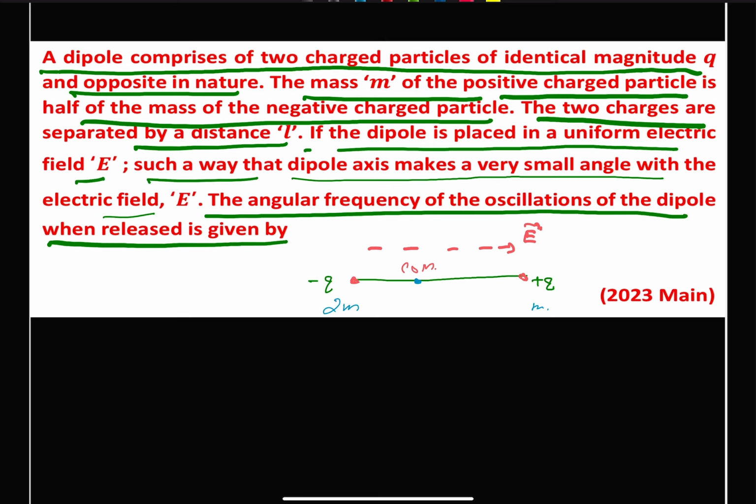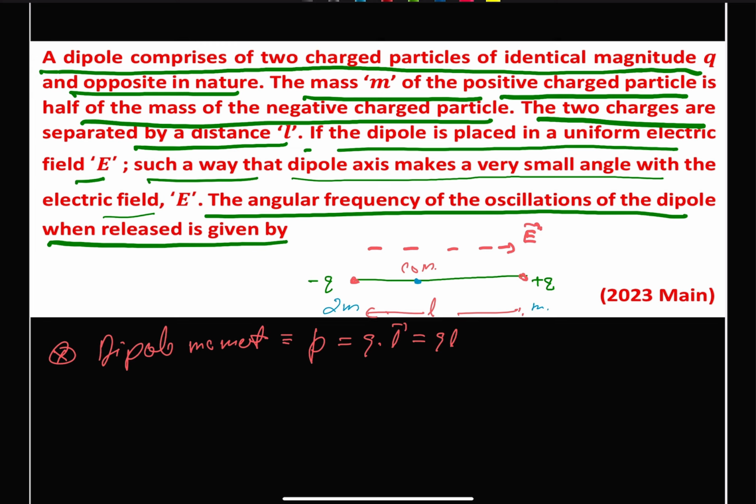Total length is given to us as L. So we can say that the dipole moment, which is P, is equal to Q and L, that is QL.